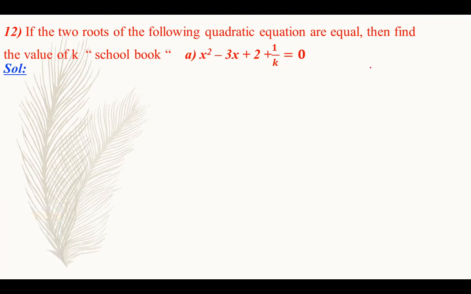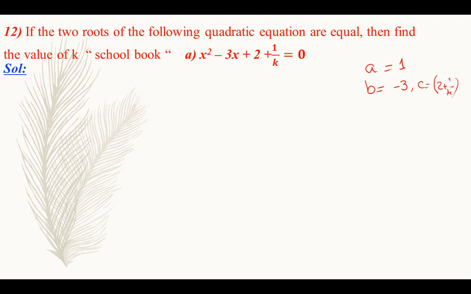Here you can see that a equals 1. b is the coefficient of x, which equals negative 3. The free term c will be 2 plus 1 over k.